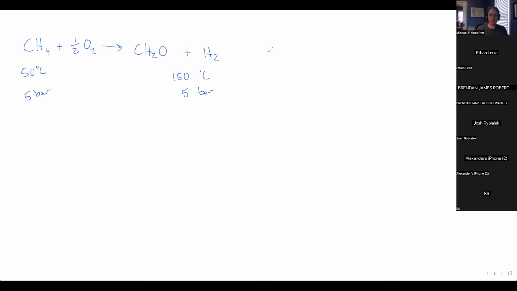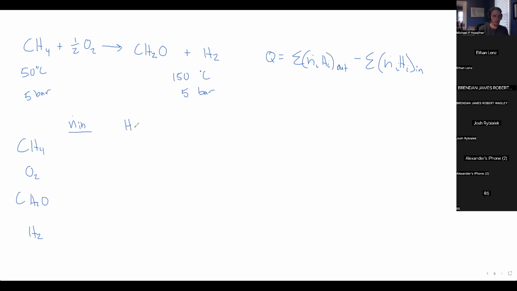So in the heat of formation method, we have Q is equal to the summation of the enthalpies out minus the enthalpies in. Okay, so I'm going to just build a table right away: CH4, O2, CH2O, and H2, with enthalpy in and enthalpy out.